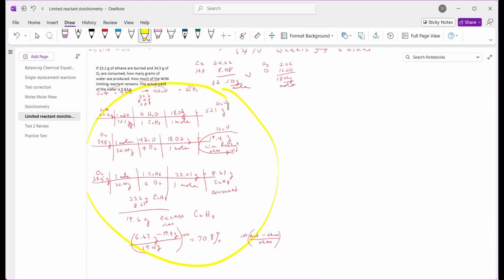Quite a bit more. So if you don't understand today, tomorrow is going to be ugly. So tonight, put some time in on this simple stoichiometry. It'll make tomorrow a lot easier.